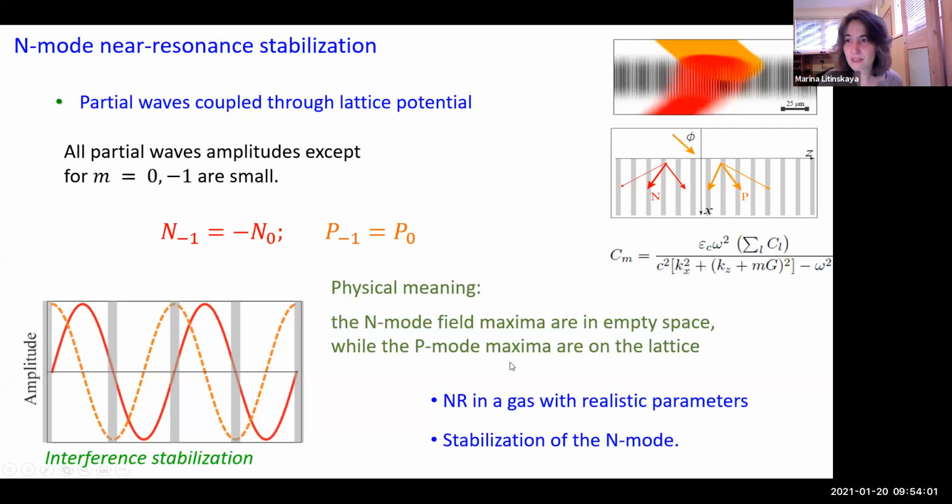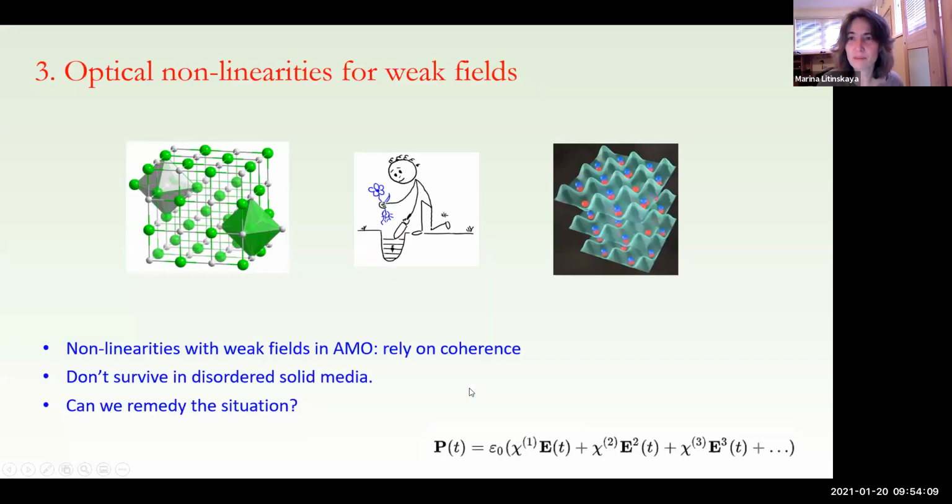I see that we are approaching the end of the seminar. I also have a third story in this series about optical nonlinearities for weak fields, and it's an example of a concept transfer from atomic and molecular optics to condensed matter, but I don't think that we can squeeze it into the remaining time.